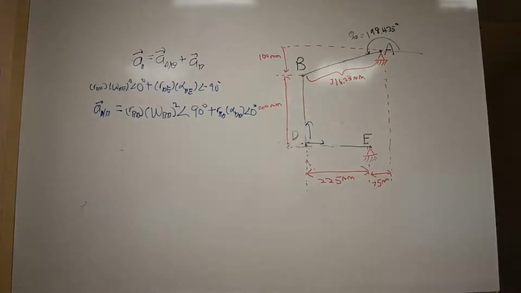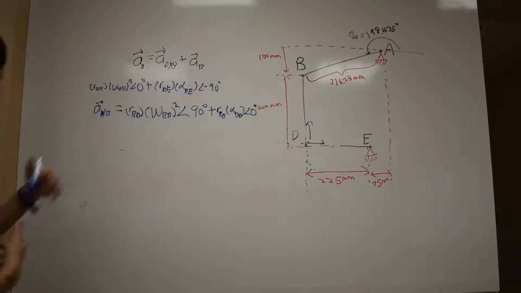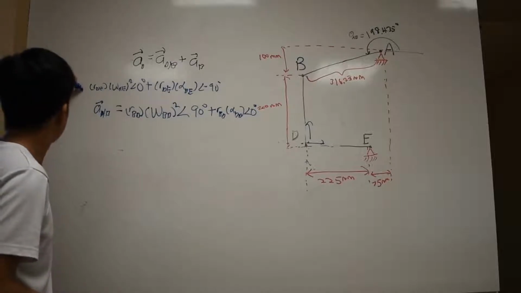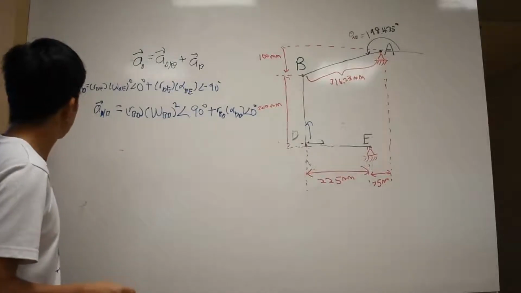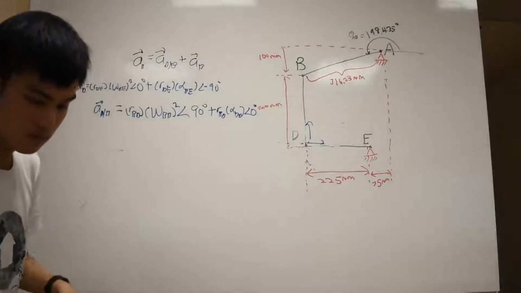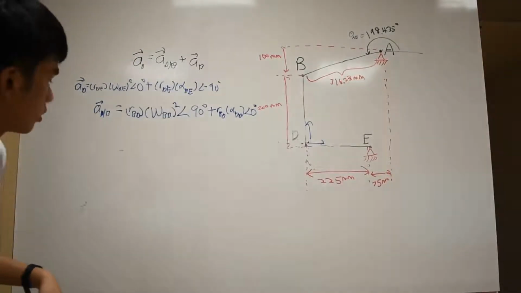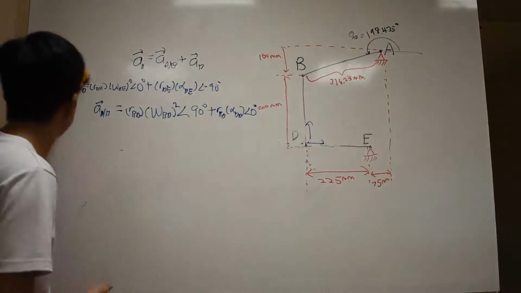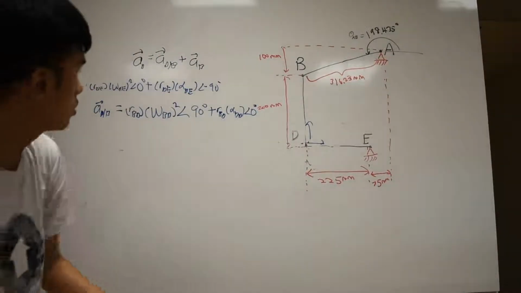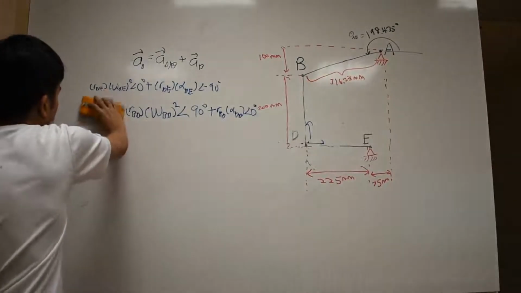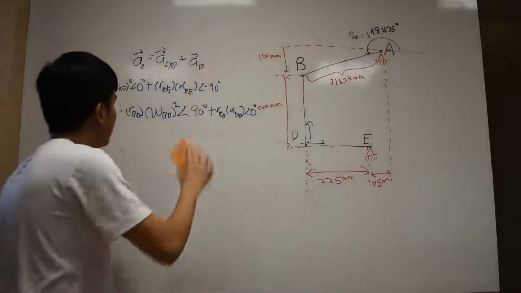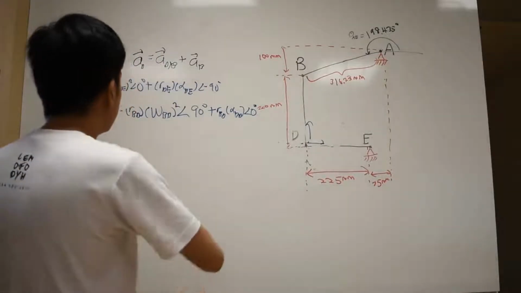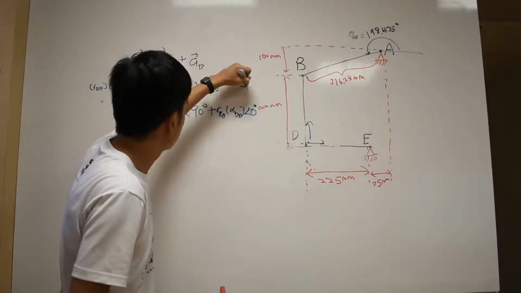Okay, I can see it. So this is 8. I have to arrange this.